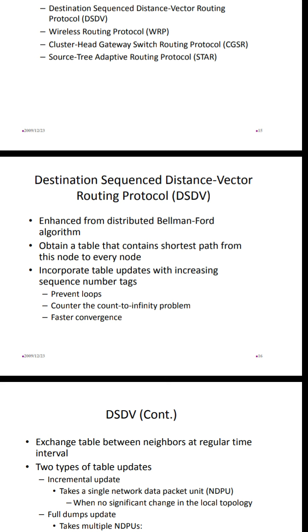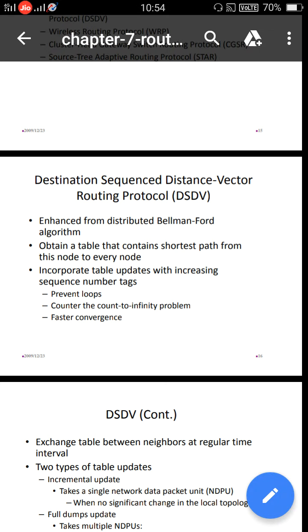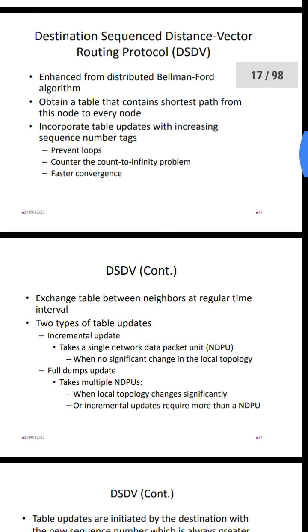Each node maintains tabular information for the shortest distance to each and every node in the table. So here we maintain the shortest path to each and every node. That is the main intention of the DSDV algorithm.